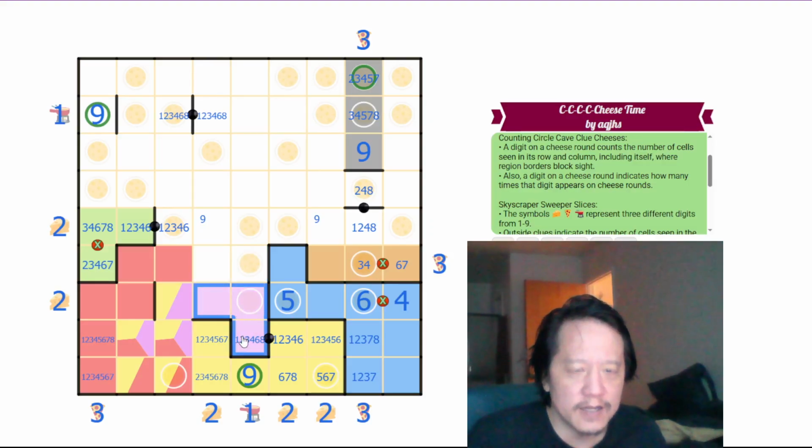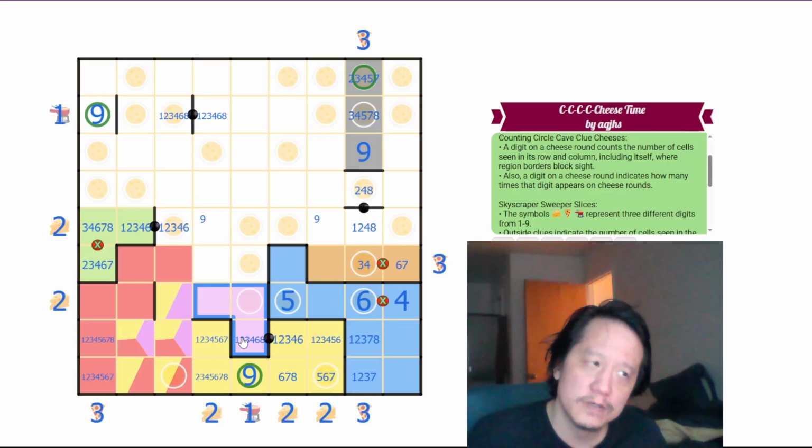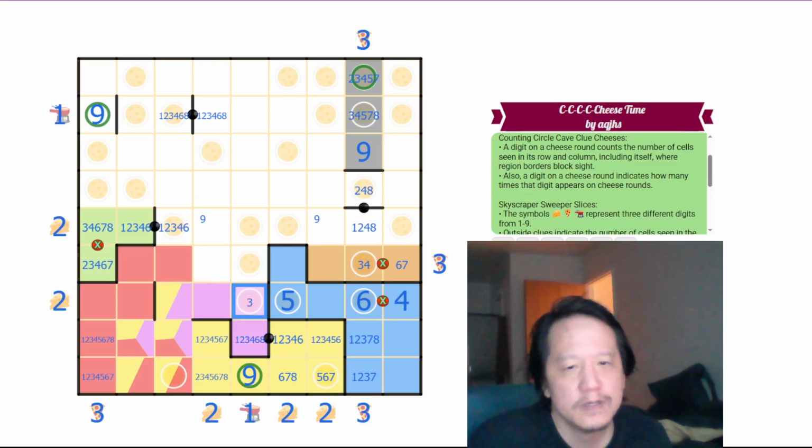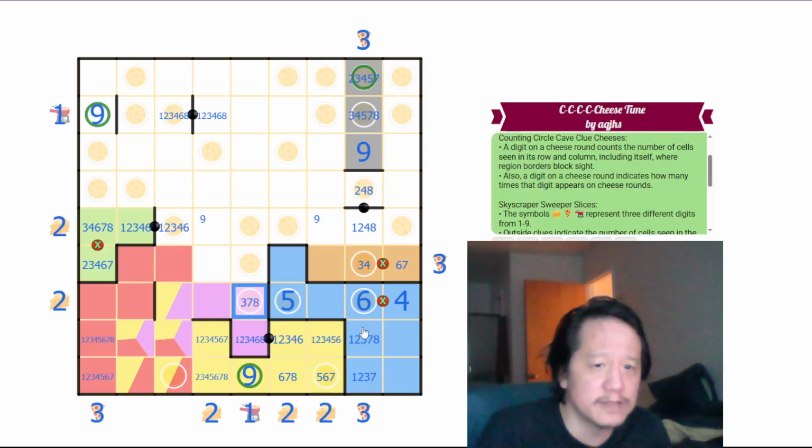This sees at least 3 cells. Well, not necessarily. Could technically see 2. No, it has to see at least 3. It has to see that one, and then it must orthogonally connect out. So this has to be at least 3. Cannot be 4, 5, or 6. It could be 7. It could be 8, technically.